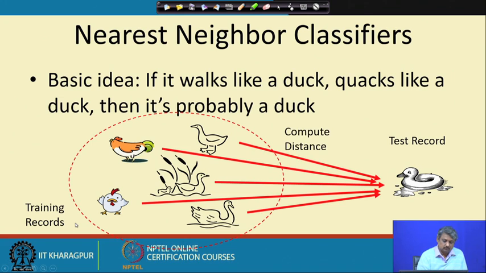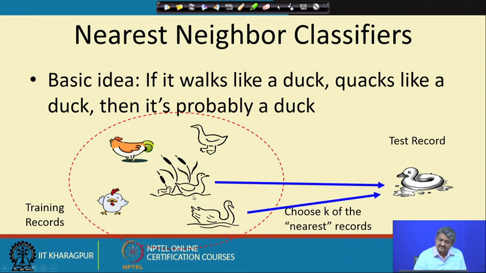In terms of the attributes for the new record, I find its distance to the known training birds. Note that the training set may contain more than one duck species, different types of ducks. It may contain some hen species, some angry bird species. I find these distances, see which are the k closest, so k equal to 2 here.